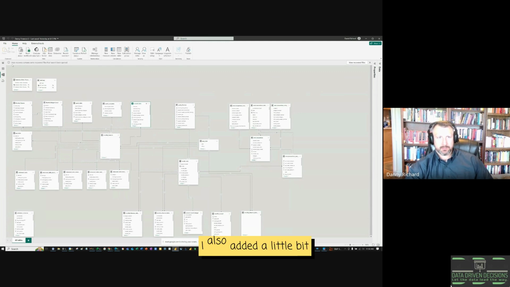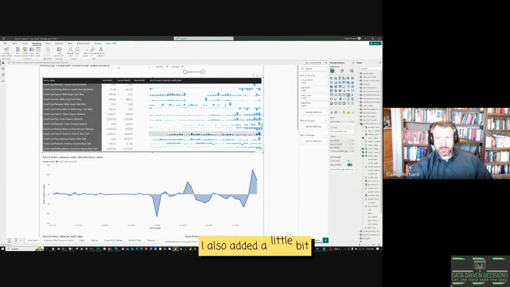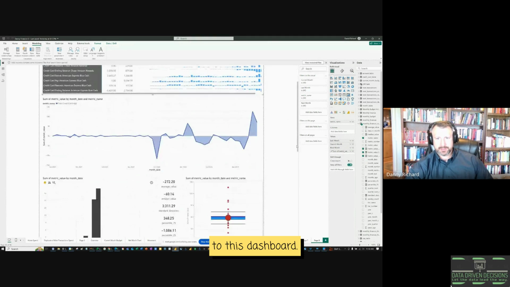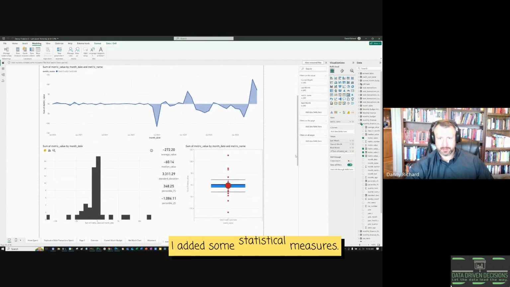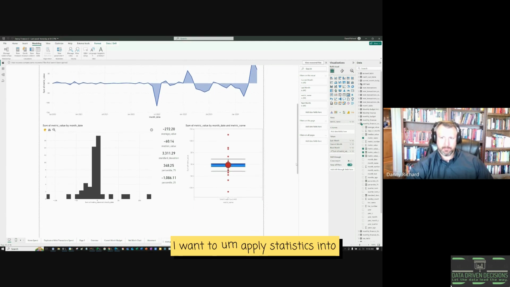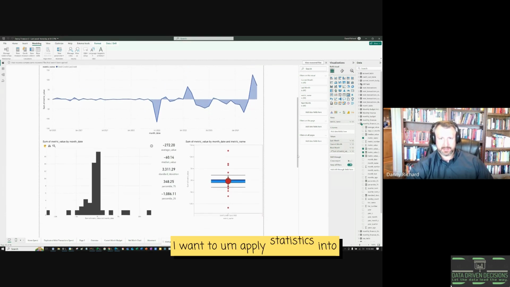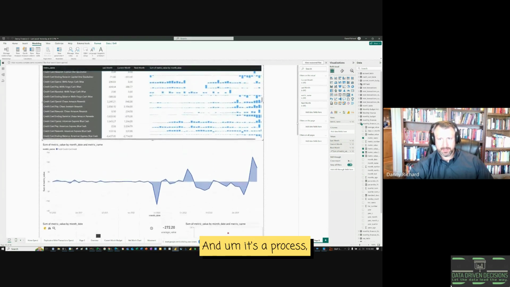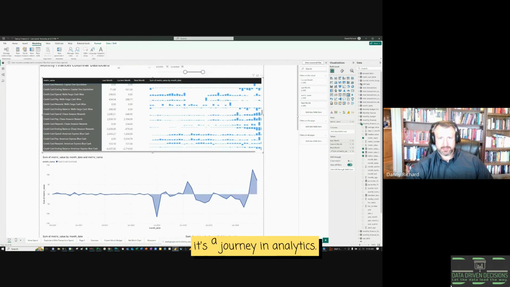Anyway, I also added a little bit to this dashboard. I added some statistical measures. At some point, I want to apply statistics into this ecosystem, and it's a process. It's a journey in analytics. It goes from exploratory to descriptive to predictive to prescriptive.